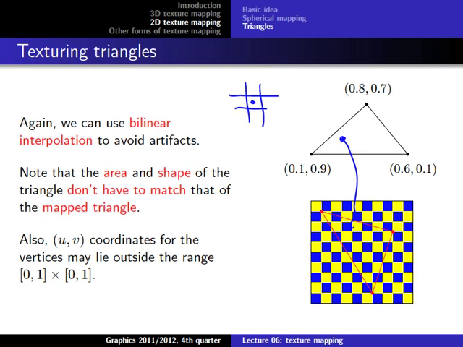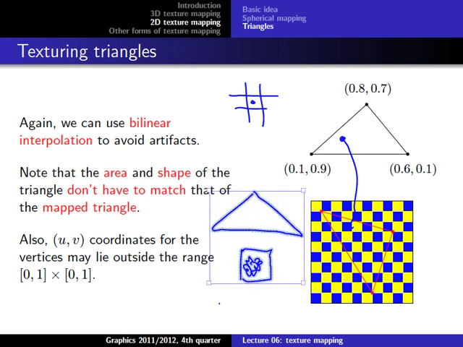For example, if we have a huge triangle like this, and a texture that has, I don't know, a flower, we can take this texture and map the triangle in a way that the flower is in the center of the texture. So the texture can go outside of the triangle like we already have here, but the triangle can also be outside of the texture. It just depends on what we actually want to have. Good.